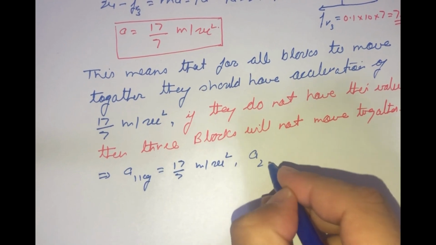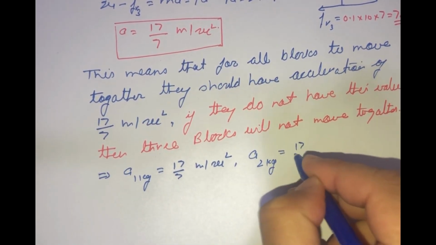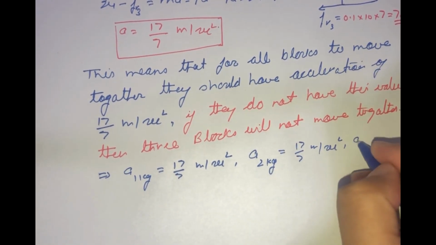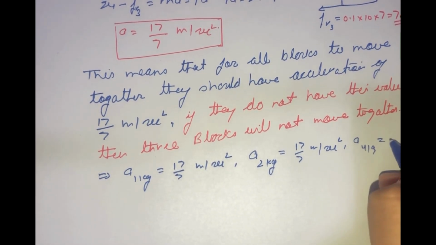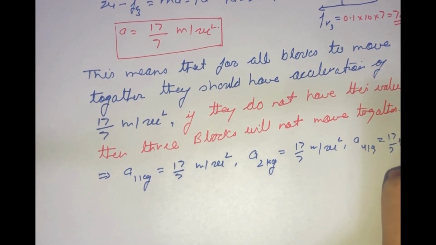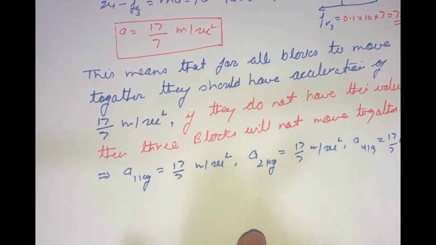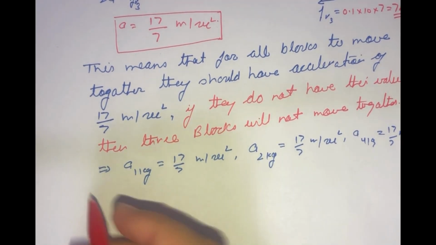Acceleration of 2 kg should also be equal to 17/7 meter per second square, and acceleration of 4 kg should also be equal to 17/7 meter per second square. And let us find out now individual friction values and compare that with the maximum friction.